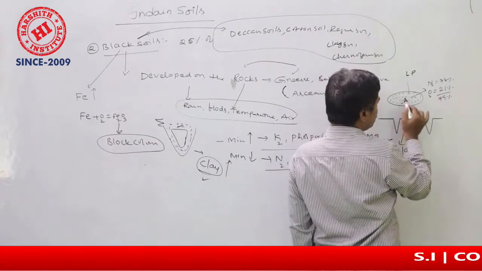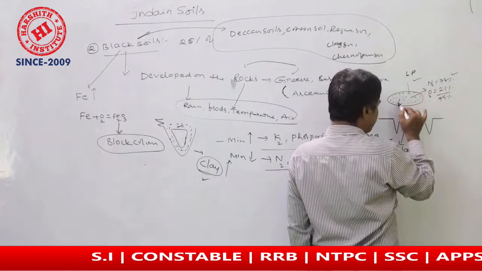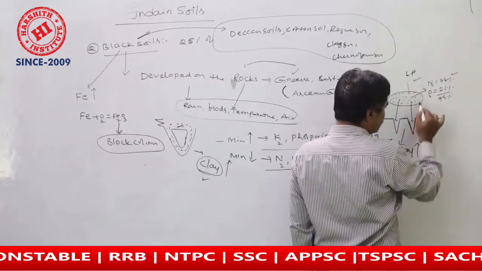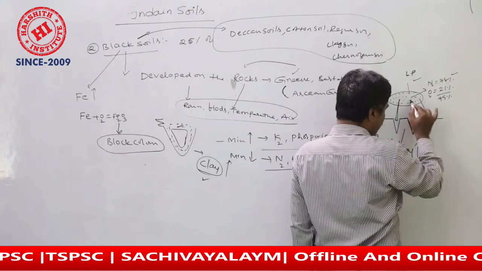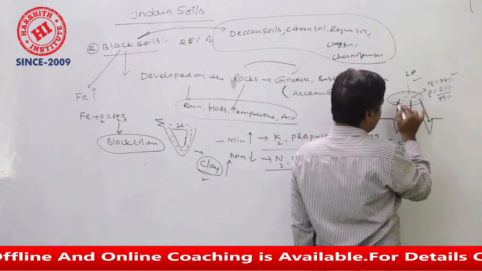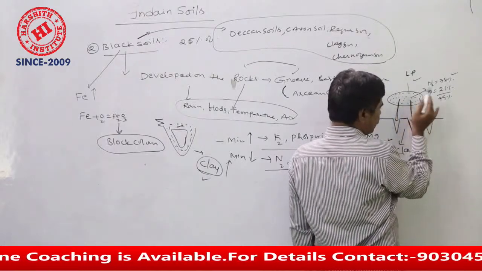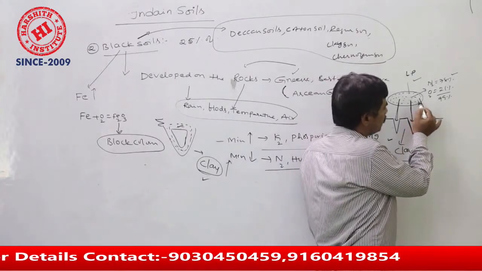In summer season, the nitrogen in the atmosphere enters into the cracks by the wind speed. The speed of the winds gradually increases as the temperature increases, so nitrogen gas can enter into the cracks.